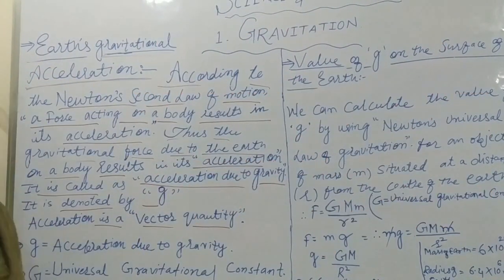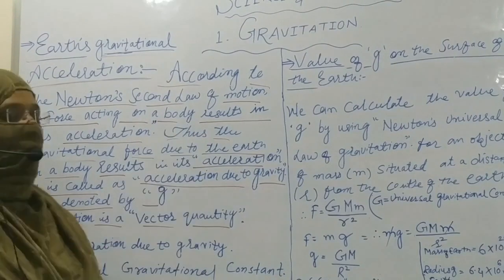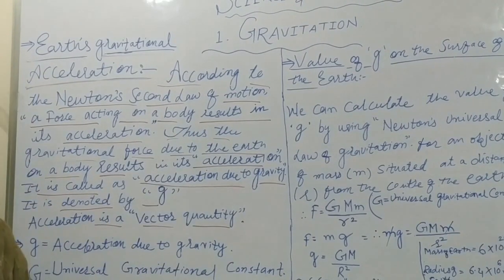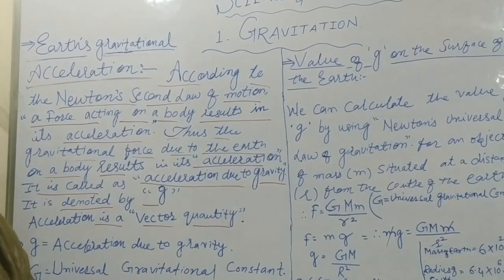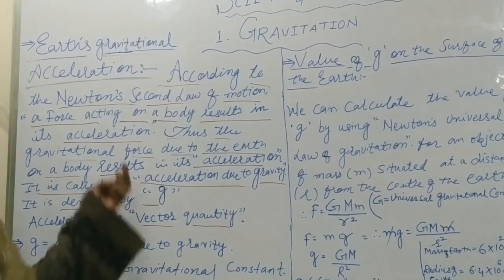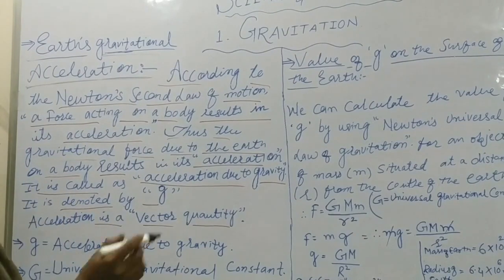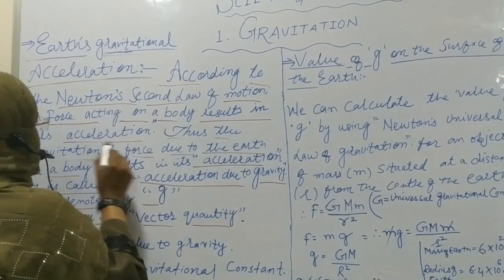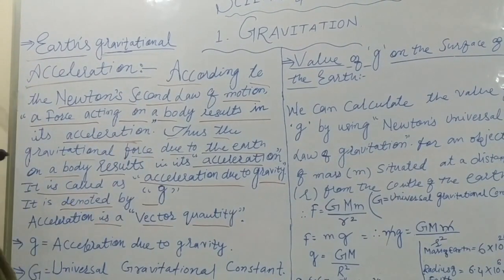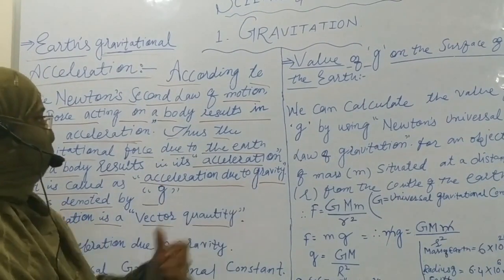Dear students, according to Newton's second law of motion, when an object is on the surface of the earth, a force acts on it, resulting in acceleration. And what is acceleration due to gravity?